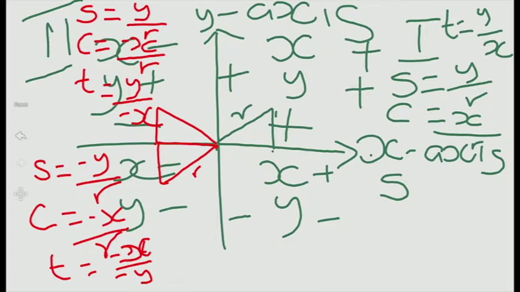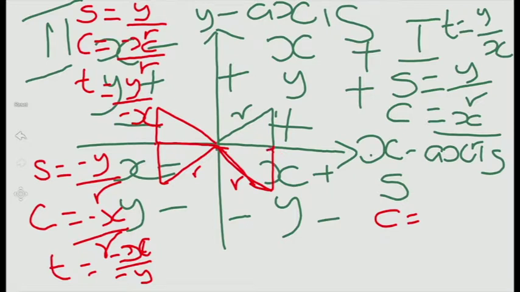Now we look at the fourth quadrant. If I had a right angle triangle in the fourth quadrant, let's look at the cosine. My cosine is the adjacent over hypotenuse. This is my angle here, this is the adjacent, this is the hypotenuse, our r, and this is our opposite. Looking at the cosine, we're looking at the adjacent.